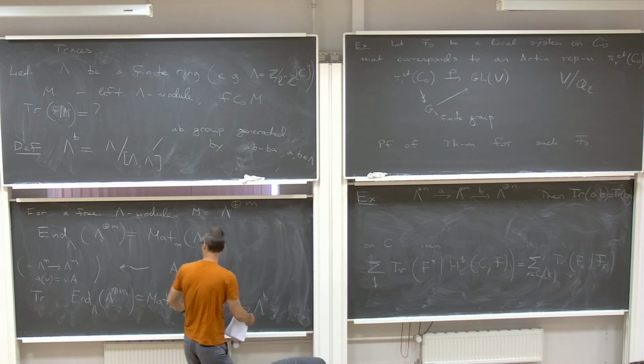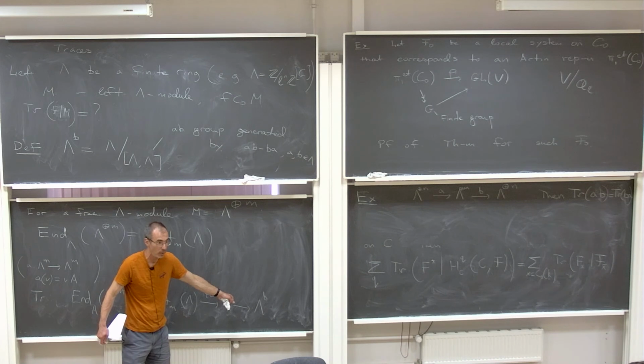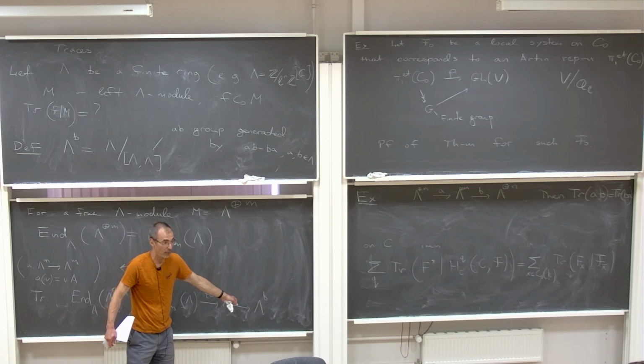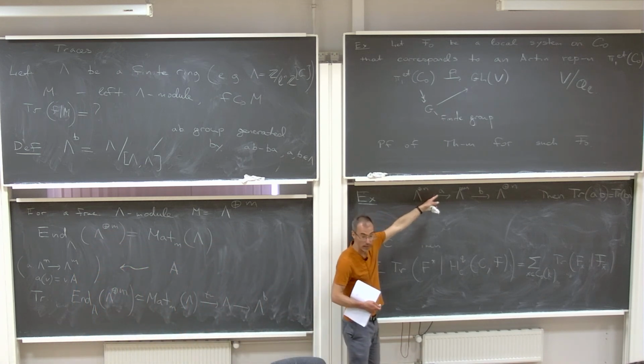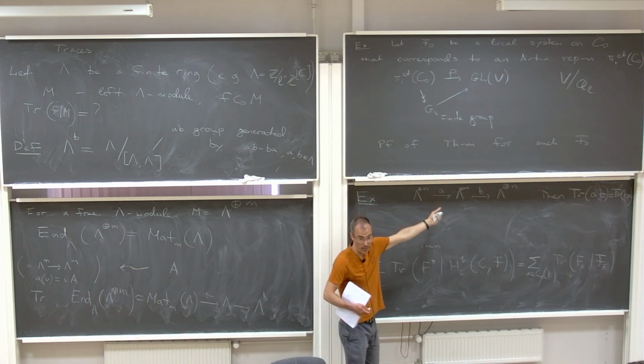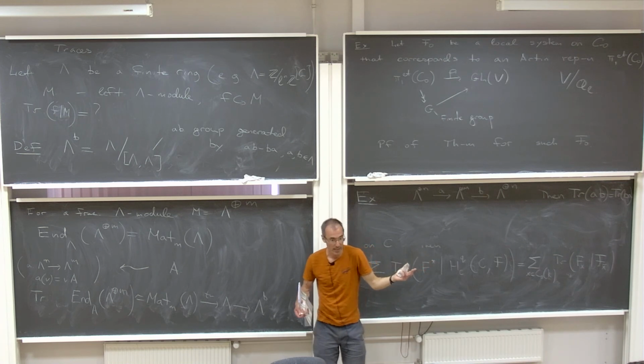Of course, this trace of a matrix is defined as an element here, but in general, it will not be true that trace of AB is equal to trace of BA. For example, even if these numbers are equal to 1, then my matrix is just a scalar, right? So AB is not equal to BA in this ring lambda.